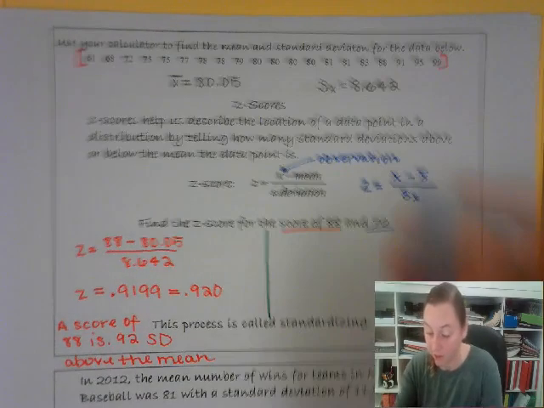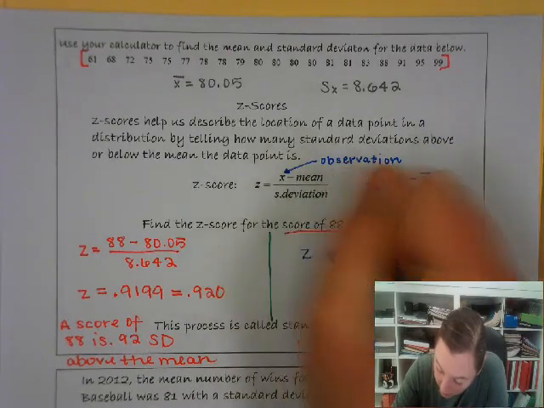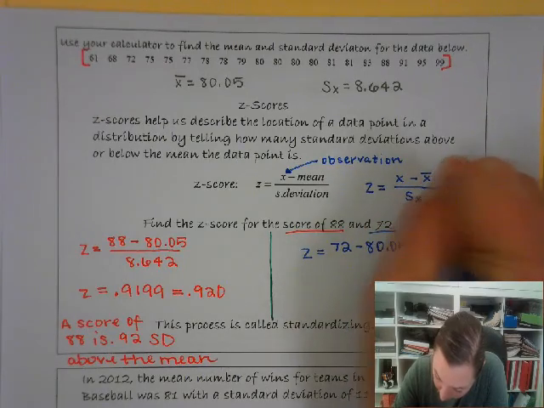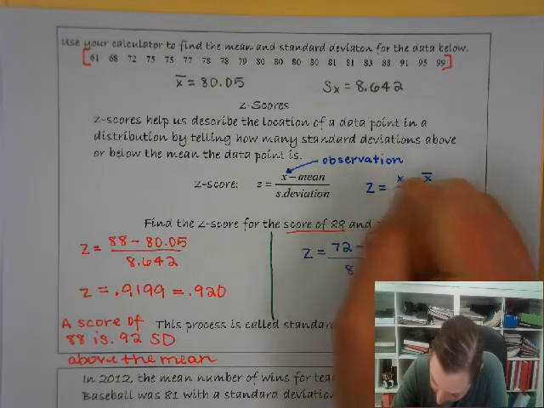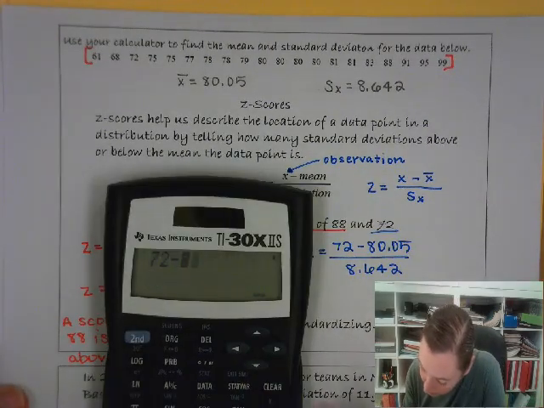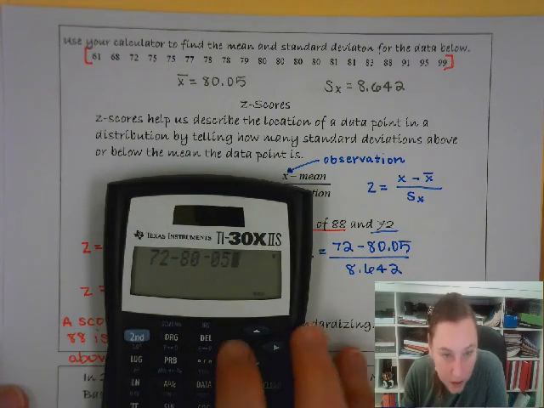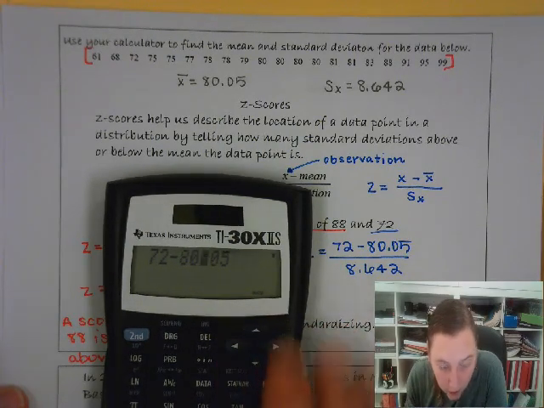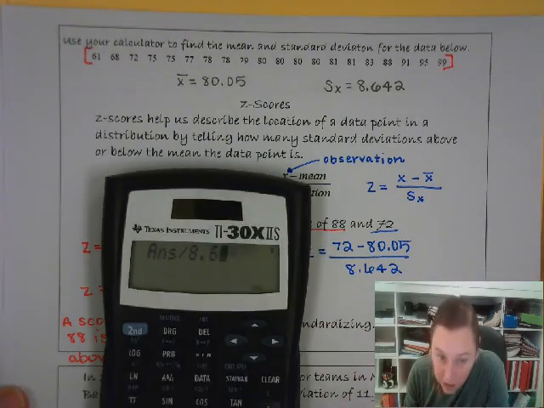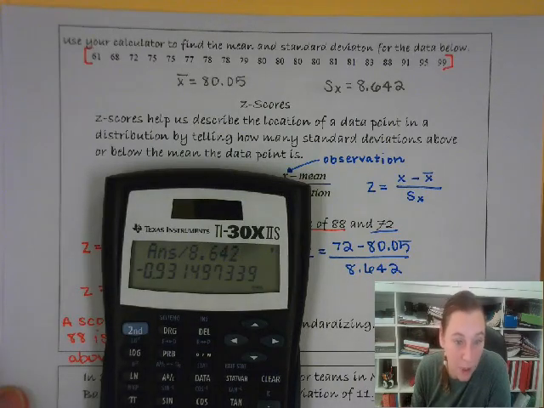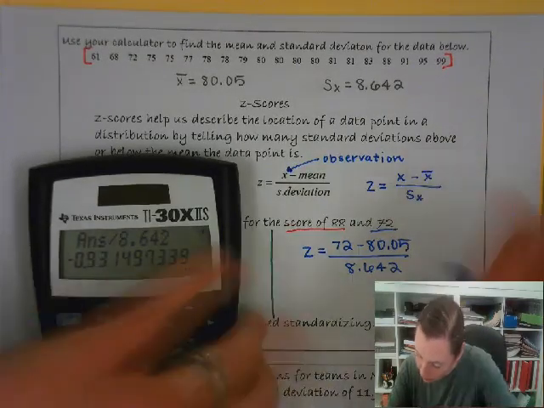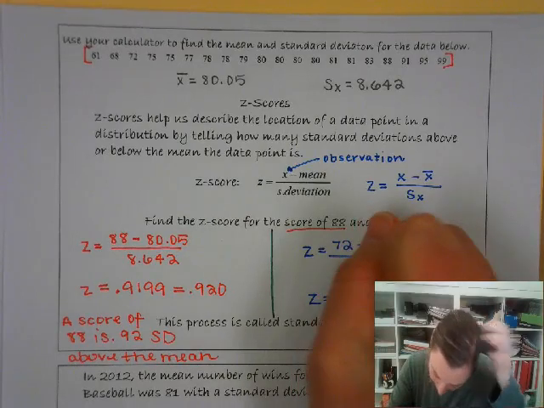Then we do the same thing for a score of 72. 72 minus 80.05 divided by 8.642, and we get 0.932. Z equals negative, sorry.